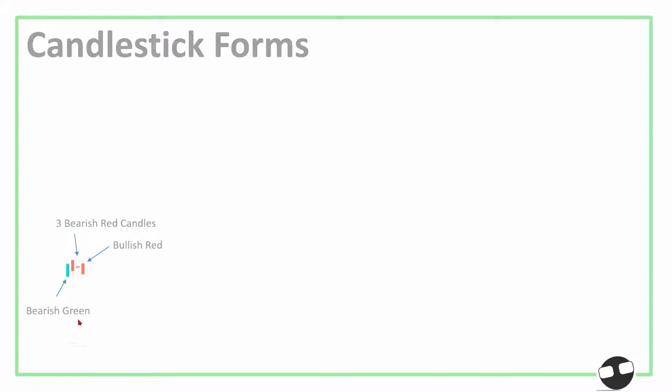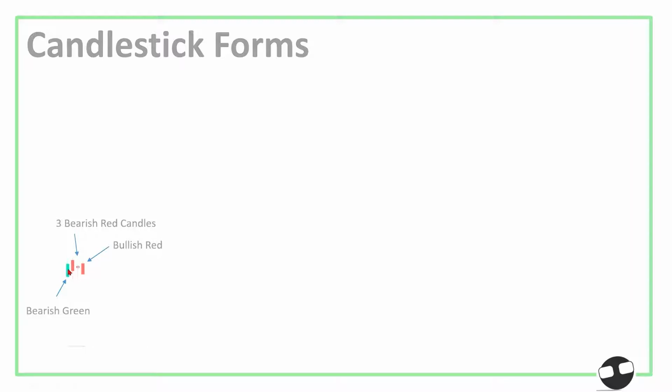The first one is a bearish green candle, and then the next three are bearish, but the last one is a bullish red candle. If you look closely, we have lower highs.